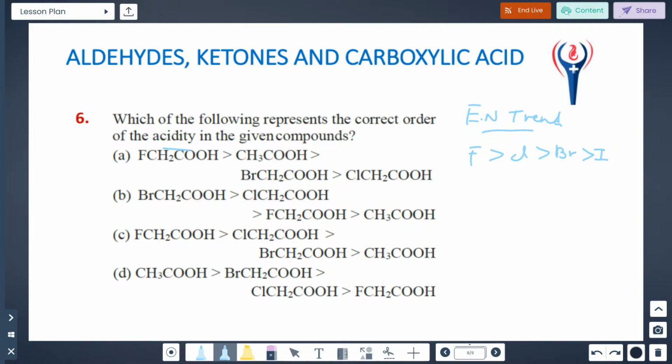So the compound having fluorine pulls the electron towards itself, then the OH bond is weak, so H plus ions are easily eliminated. So fluorine, chlorine, then bromine, after that the electron donating group will come. Understood? So among this, option C is the correct one. Next one.